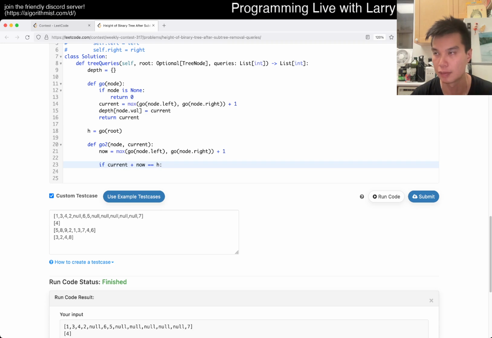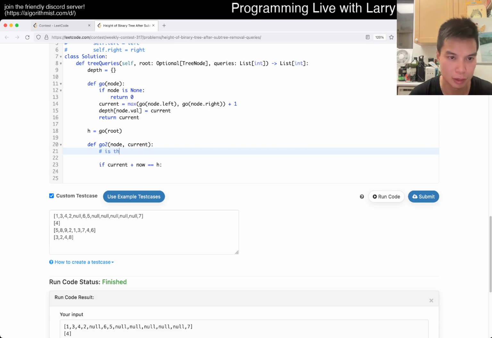And on top we can go, okay, well, like if we remove this node, does it change anything, right?